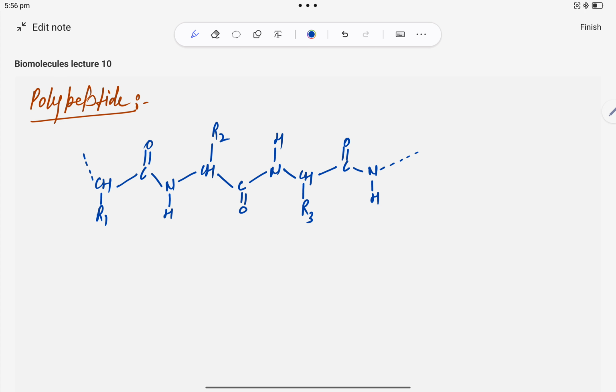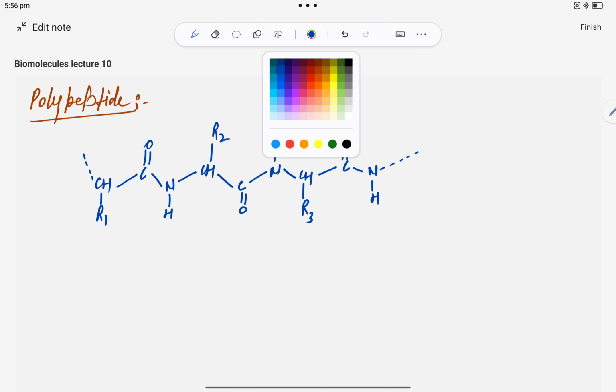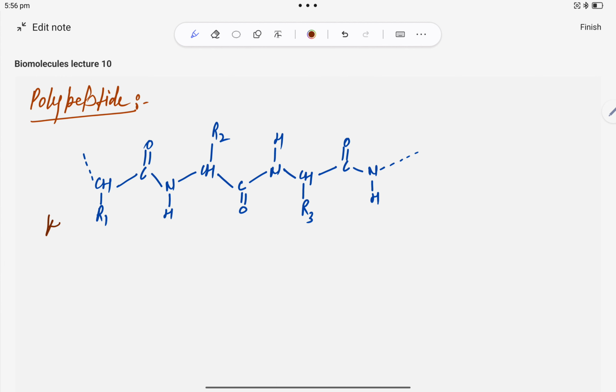So a few key points we are having here, you have to focus. What are the key points?